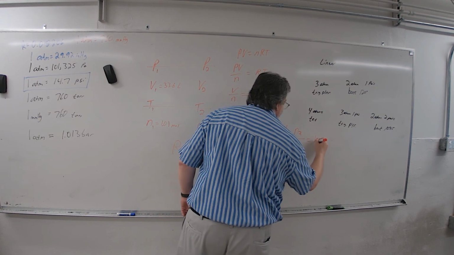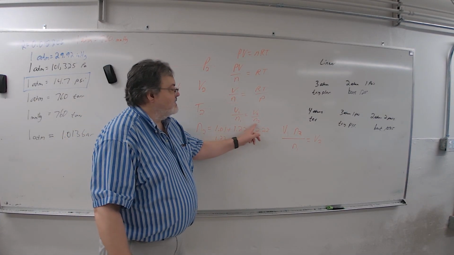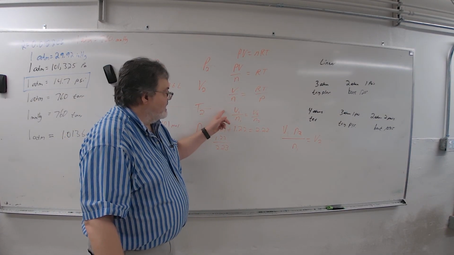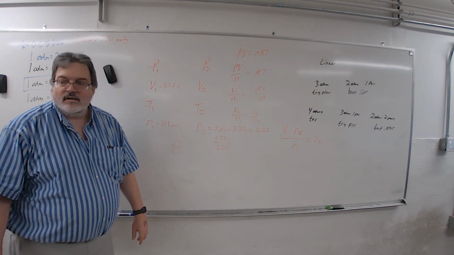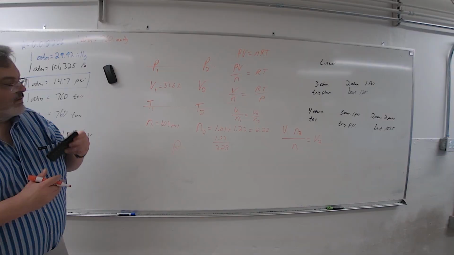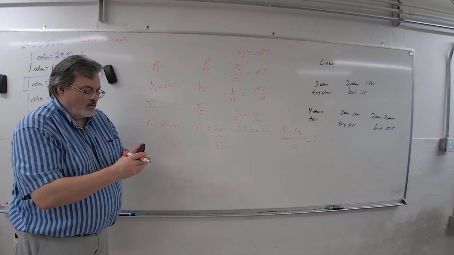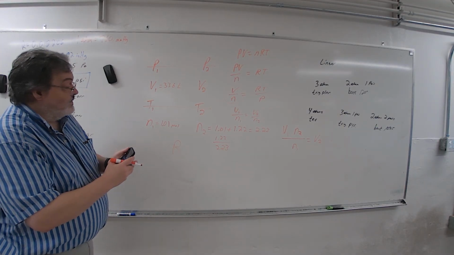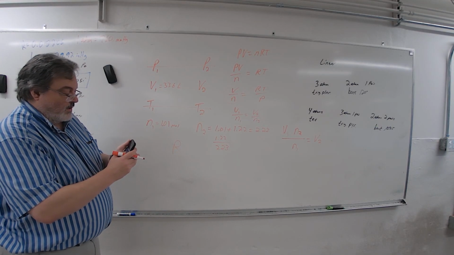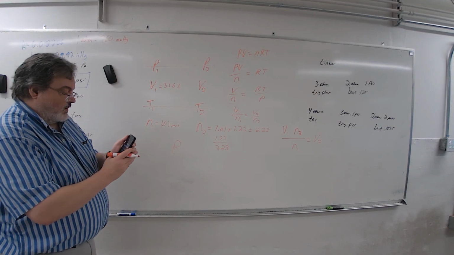So then I'll have N2 times V1 over N1, and then just plug everything in. V1 was 33.6 times N2, which is 2.23, divided by N1, which is 1.01.